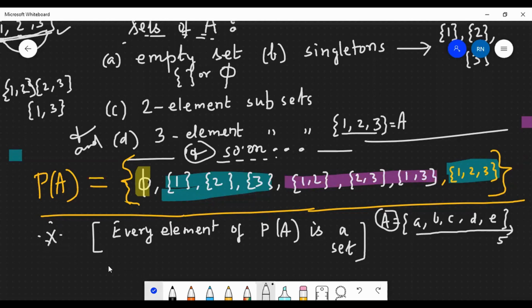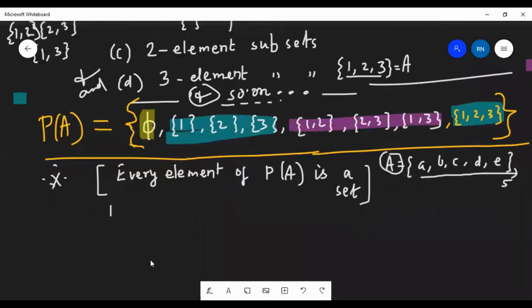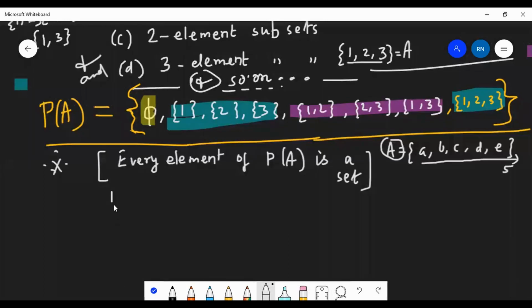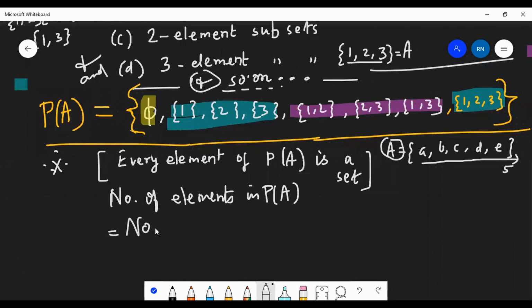But what is the number of elements? When I say the number of elements in the power set, it automatically implies the total number of sets in the power set. How many are there? Can you count?